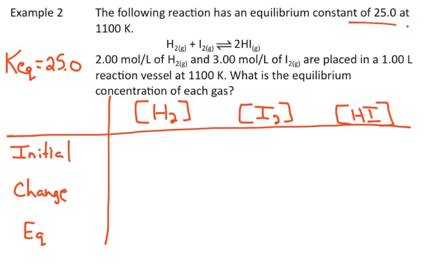Initially, our H2 concentration is 2.00 moles per liter. I2 is 3.00. And before this reaction has taken place, our concentration of HI is 0.